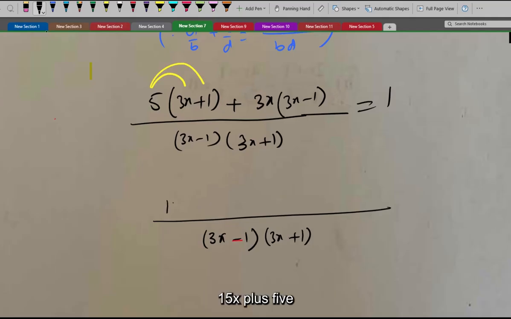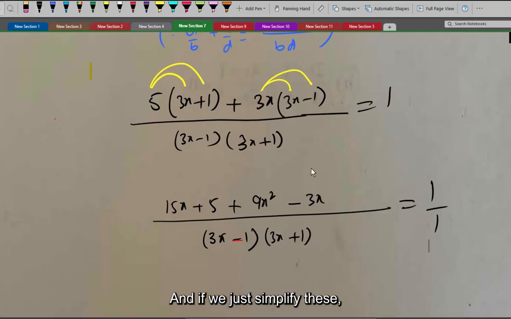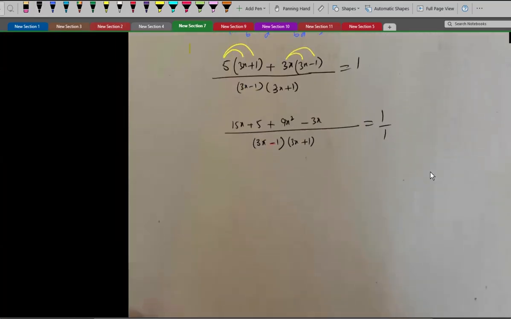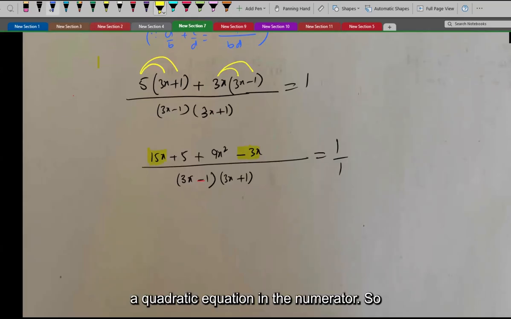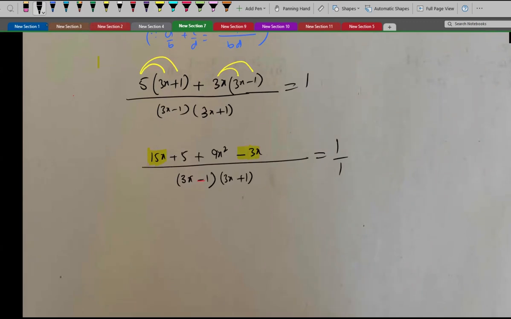And anyhow, we just solved the first term of the numerator. So it's gonna be 15x plus 5, and the next term is gonna be plus 9x squared minus 3x equal to 1 over 1. And if we just simplify these, I think we can simplify these x terms. Well, these are the like terms. And I think there's going to be a quadratic equation in the numerator.